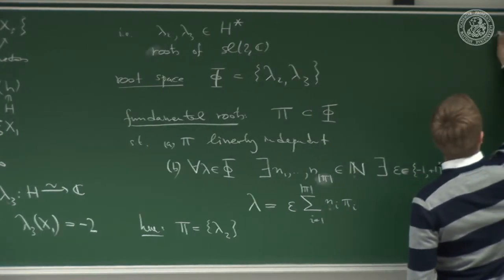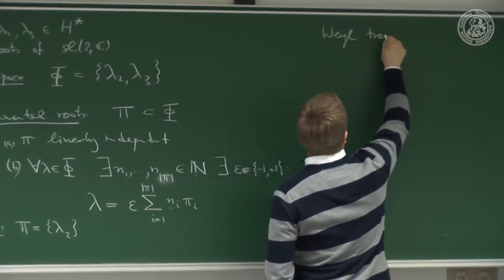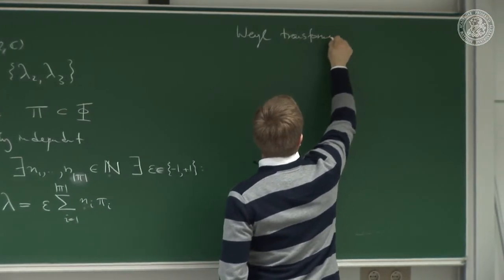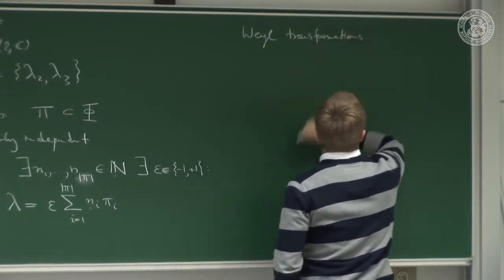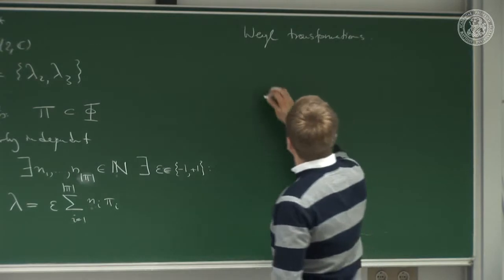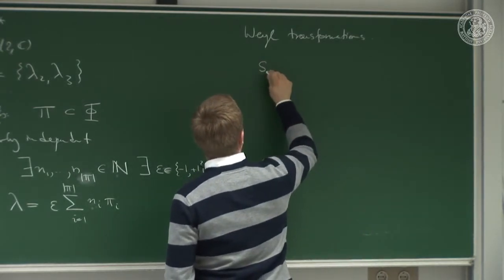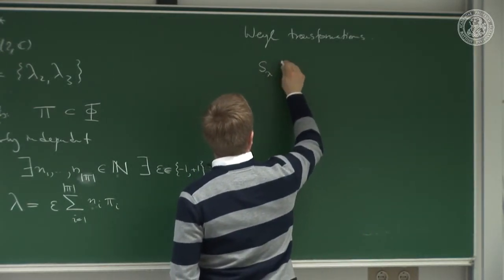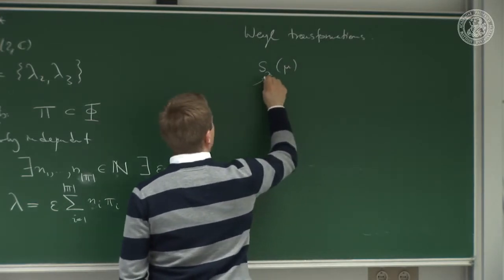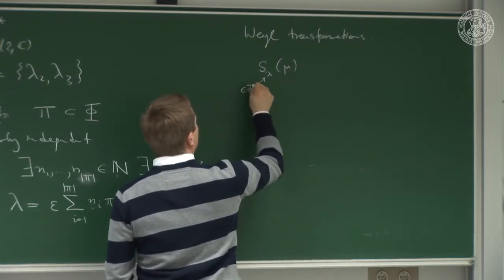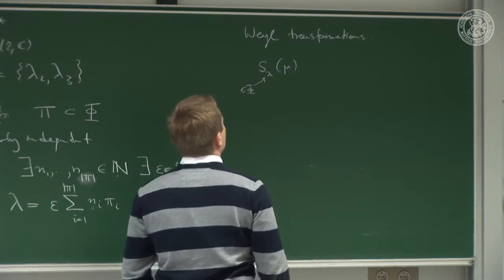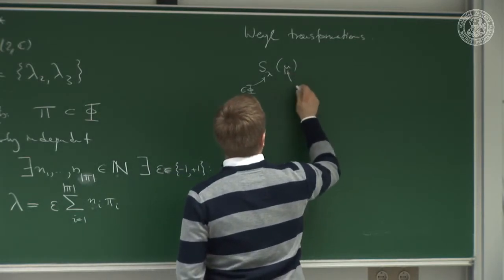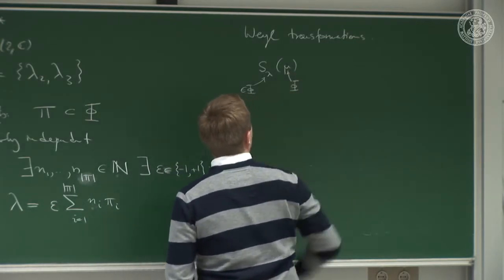We can look at the Weil transformations, which constitute the Weil group. And you remember that the Weil transformation, you have an S lambda acting on a mu, and the lambda can be any root, and so can be the phi here.